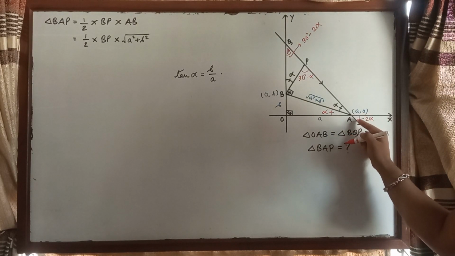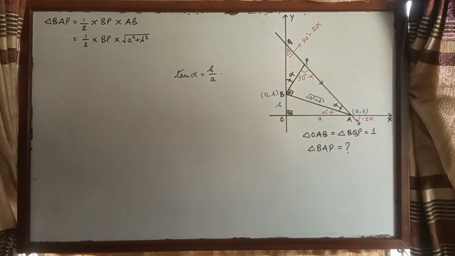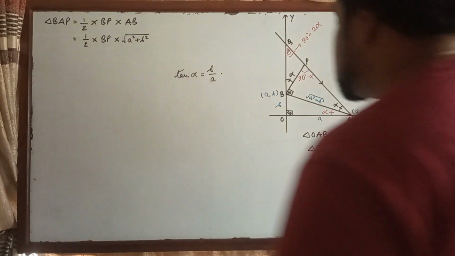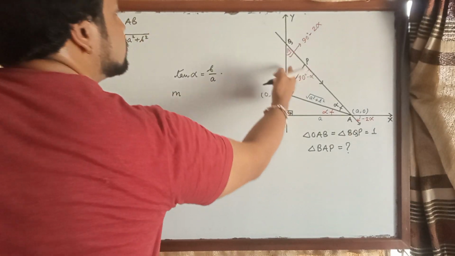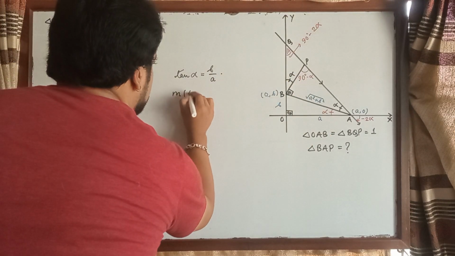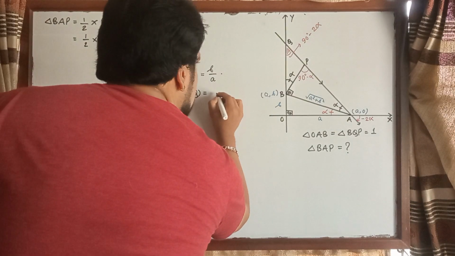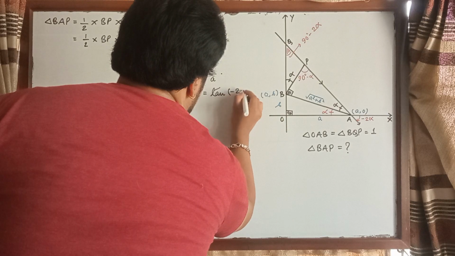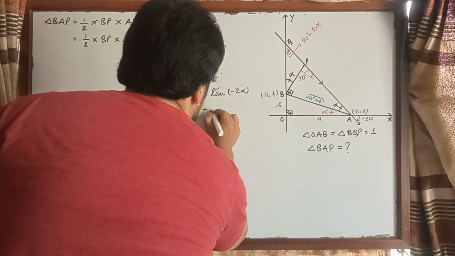Since this is in the clockwise direction, the angle is minus twice alpha. So the slope of AQ is equal to tan of minus 2 alpha, which is equal to minus tan 2 alpha.